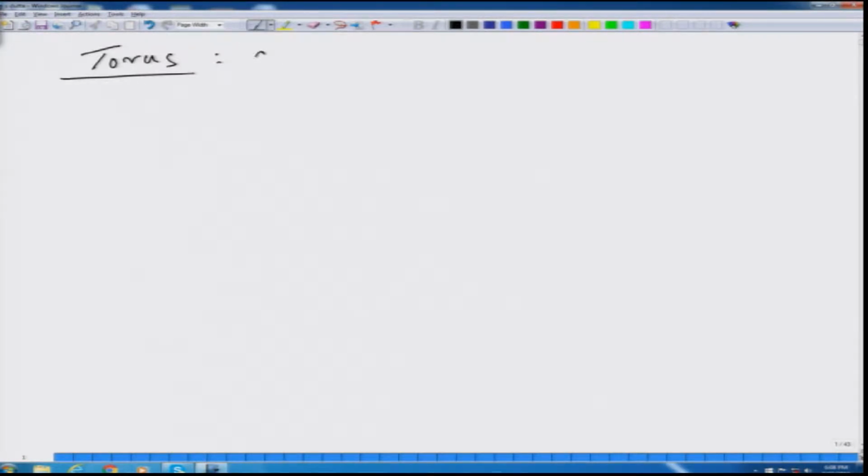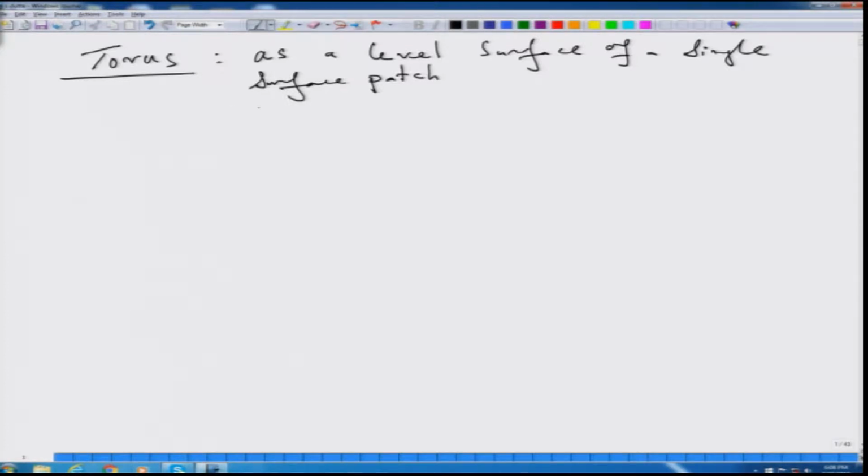So, we will realize this as a level surface of a single surface patch. Now, remember what was the description of the torus?